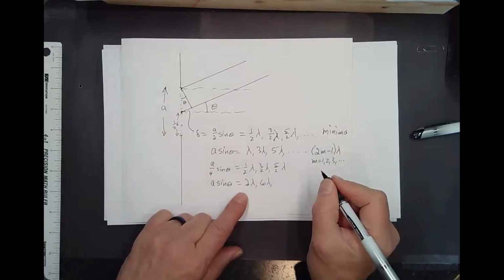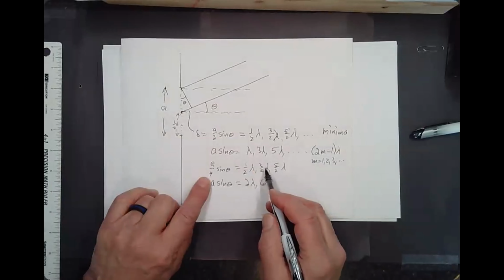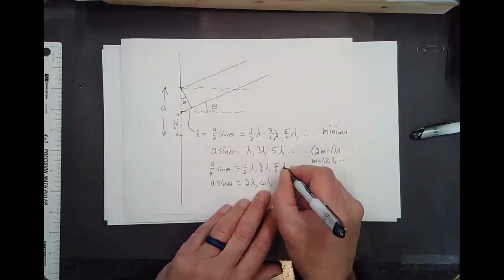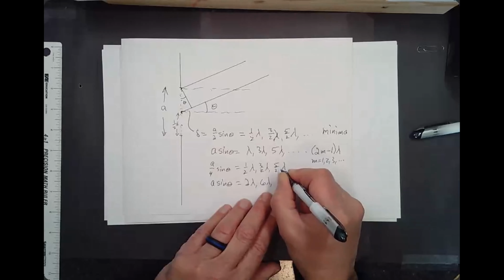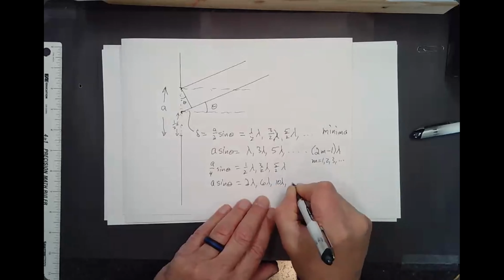Did I miss any? 4 times 3 is 12 divided by 2. Yeah, that's 6 lambda. This one would be 10 lambda, and so forth.